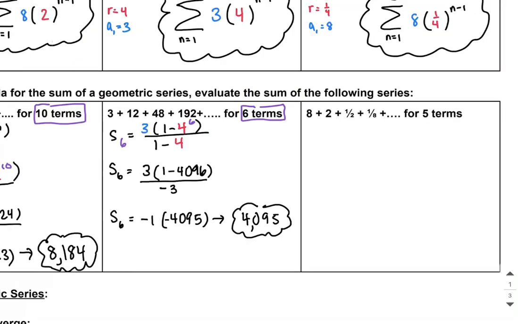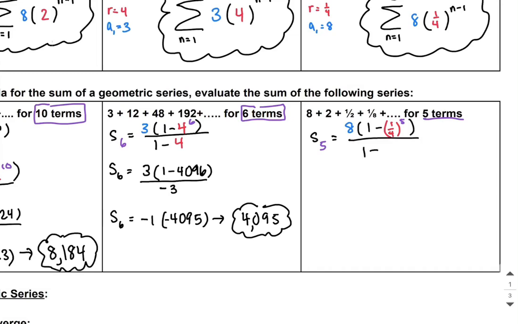For the next example, I want you to pause the video and try this on your own. All right, what you should have done here, you should have used that formula again. I'm doing s sub 5 is equal to, I have my first term is 8. I'm multiplying that by 1 minus 1/4 to the 5th power. So I should put this in parentheses so I don't get confused.